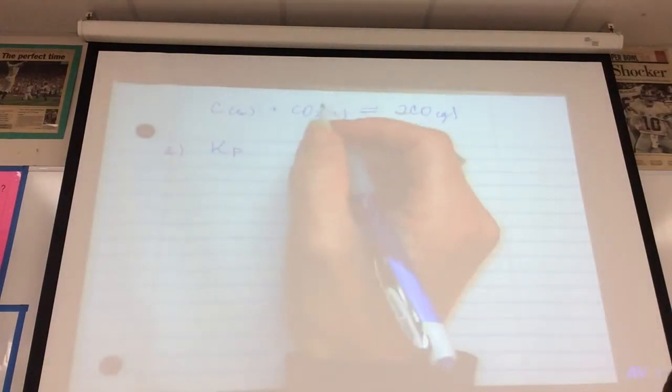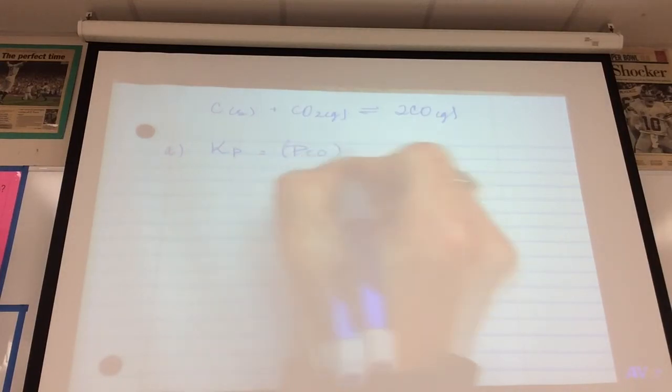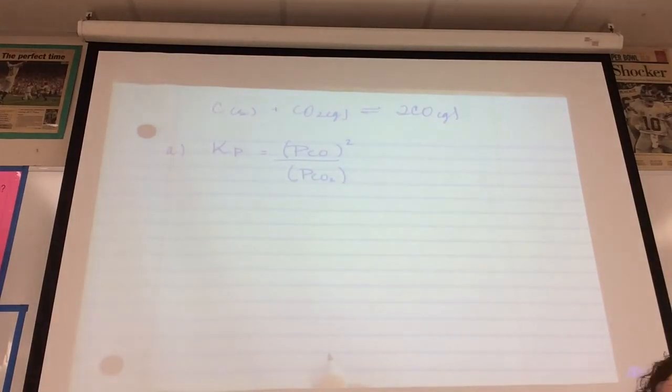So Kp is equal to the pressure of carbon monoxide to what power? Correct? Easy peasy? Parentheses, right? Yeah, you don't need brackets because it's not concentration. If you put brackets, is it fine? As long as you've got pressure in there.